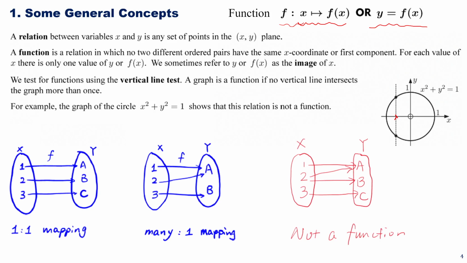So there are two types of functions. If you look at the graph under that, we might have one-to-one mapping, right? Which means for every input, you will have only one output, and then for every output, that corresponds to a unique input, right? That's a one-to-one mapping. This is obviously a function relationship.